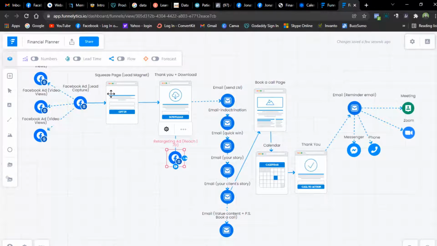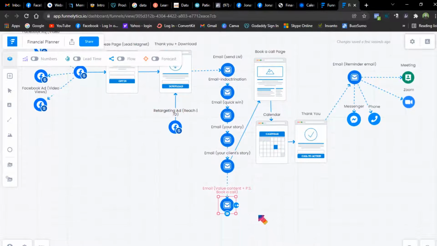So if they opted in to your lead magnet and they're in your list, you can, every day or every other day, send them emails and remind them to book a call with you. So this is the cheapest way to retarget people.